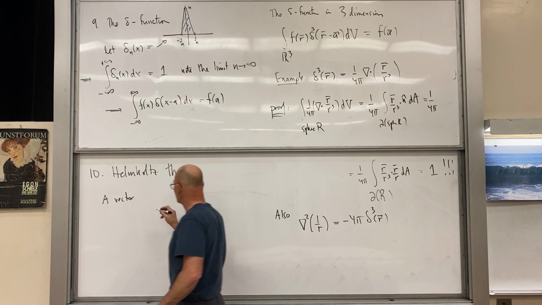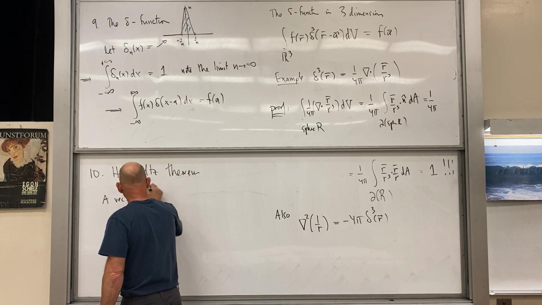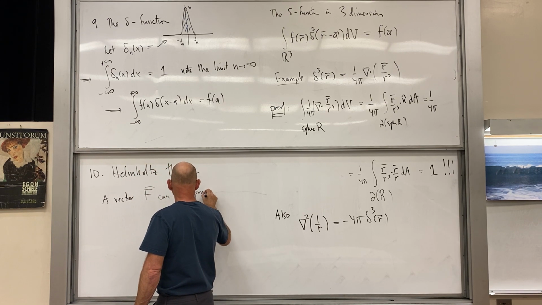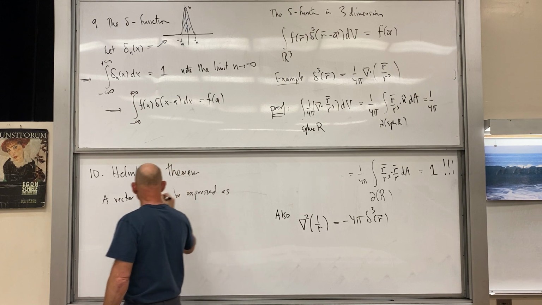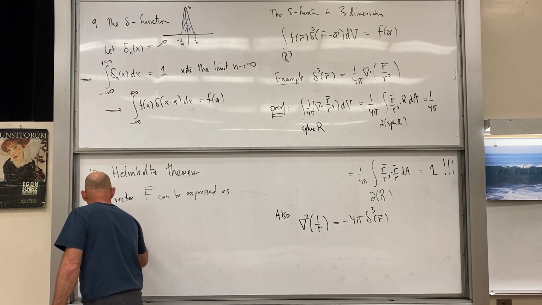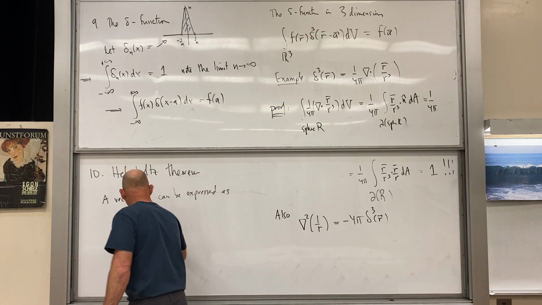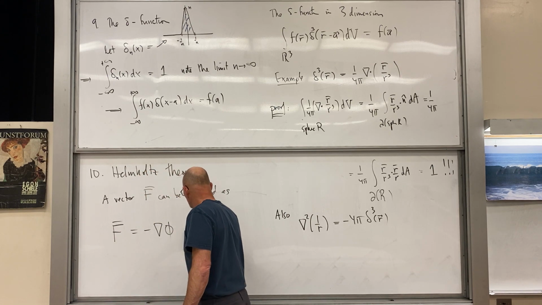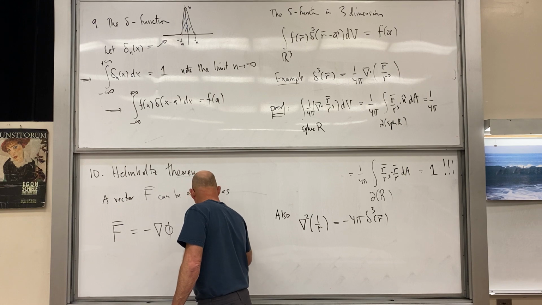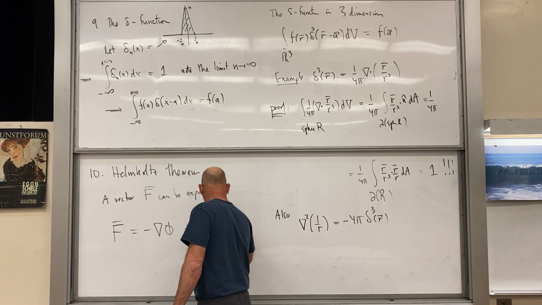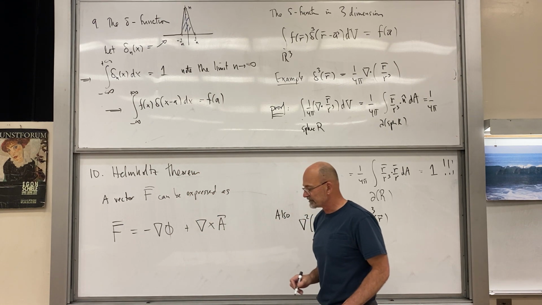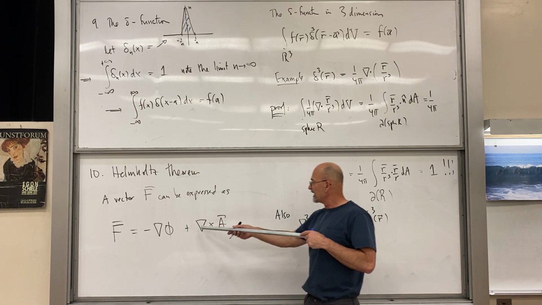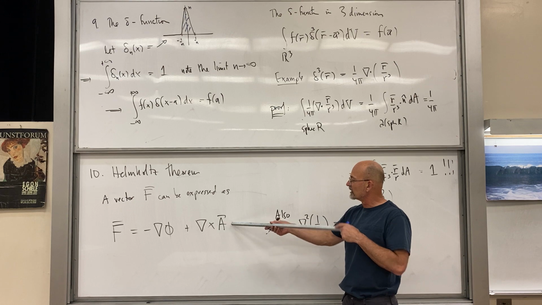So a vector F can be expressed as F equals minus the gradient of a scalar plus the curl of some vector. That's a scalar function of position, and that's the curl of a vector.